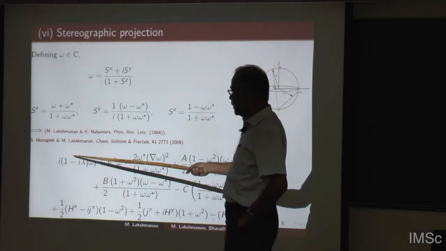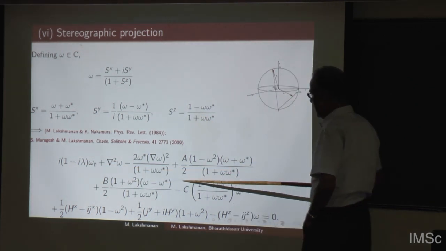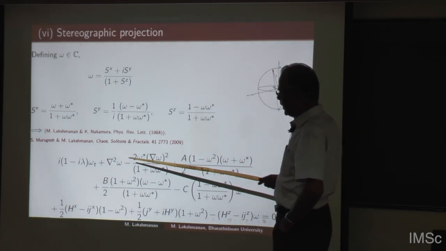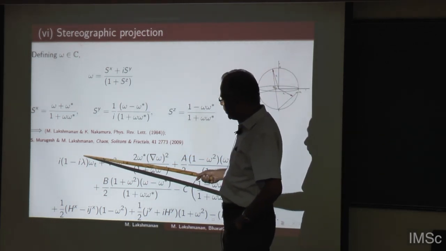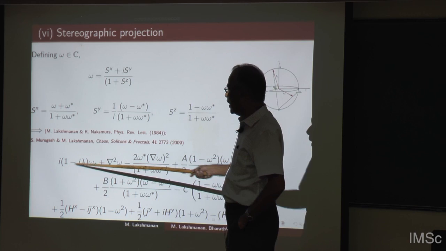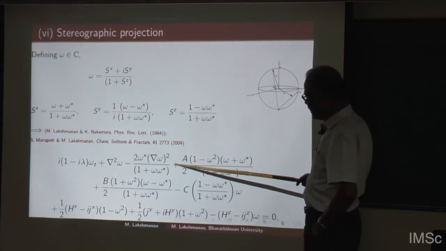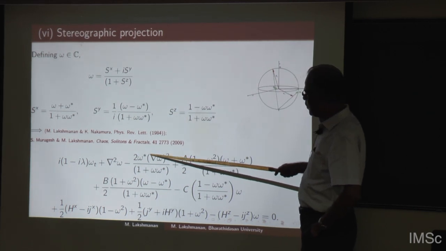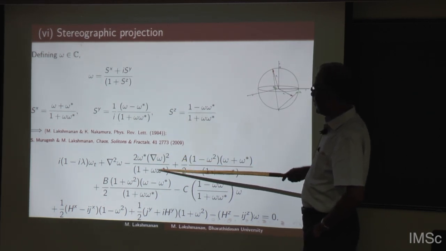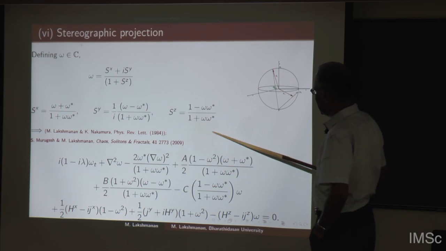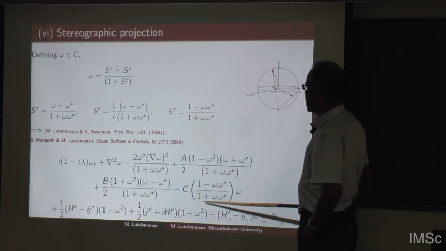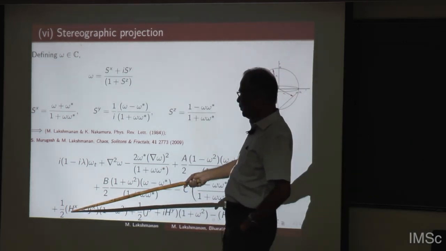Then the evolution takes a rather nice form: if damping is absent, you have just i omega t plus del squared omega, and then there is an additional term, 2 omega star del omega squared by 1 plus omega omega star, and then these are anisotropy terms, etc. Then this is the magnetic field.